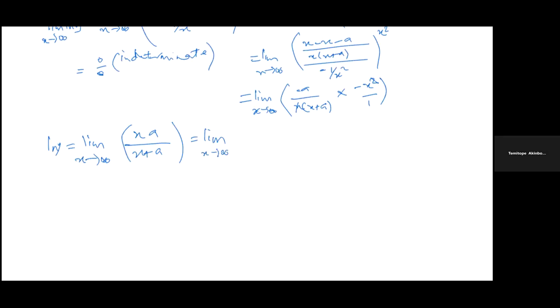And that will give me a over (1 + a/x). So I will now substitute infinity for x. So this will give a over (1 + a/infinity). And of course, any number divided by infinity is 0. So this will be 1 plus 0, which is 1. You have a.